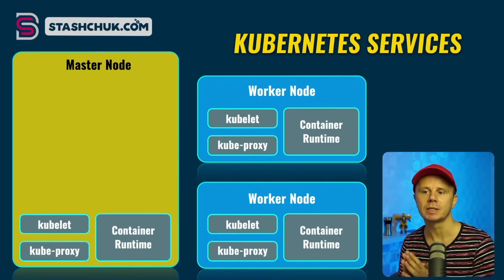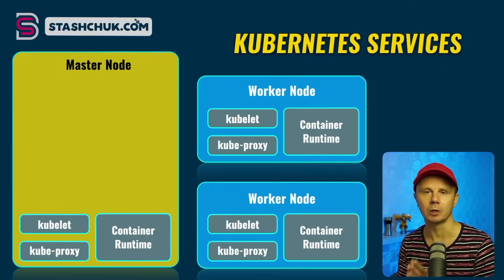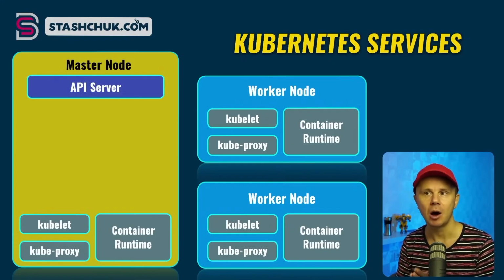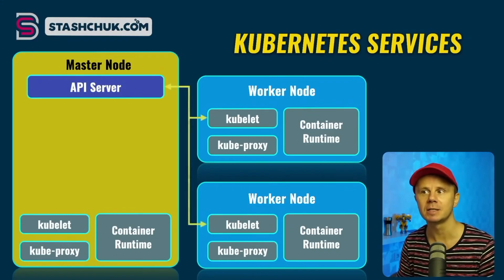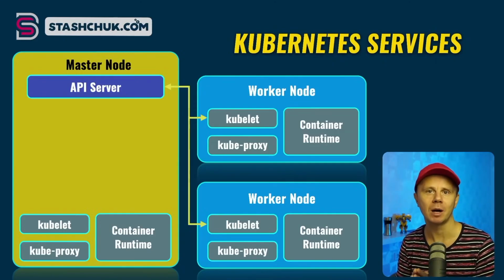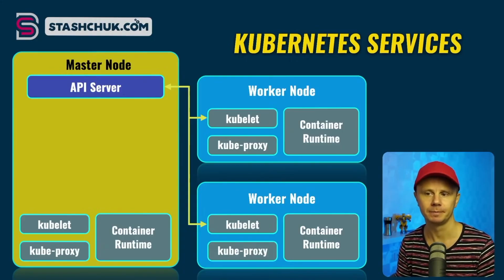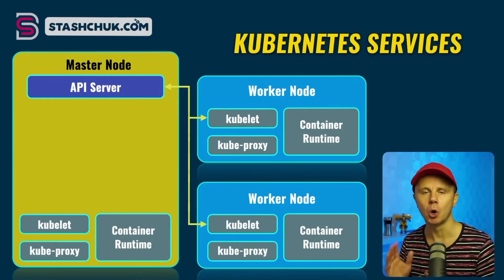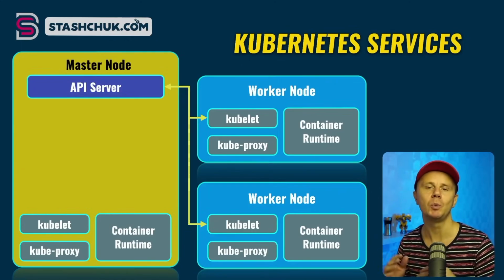There is also the kubelet service, and it on each worker node communicates with the API server service on the master node. API server service is the main point of communication between different nodes in the Kubernetes world. Kubeproxy, which is present on each node as well, is responsible for network communication inside of each node and between nodes.